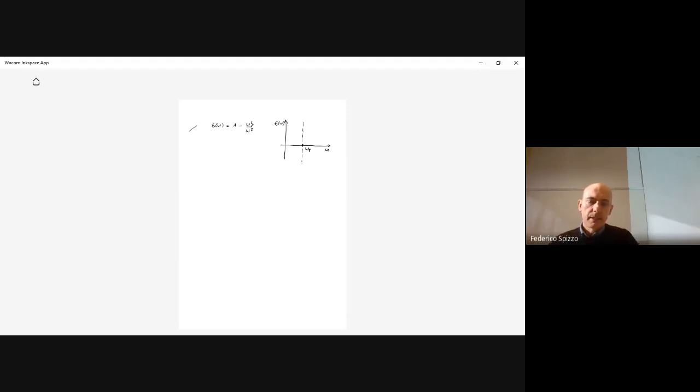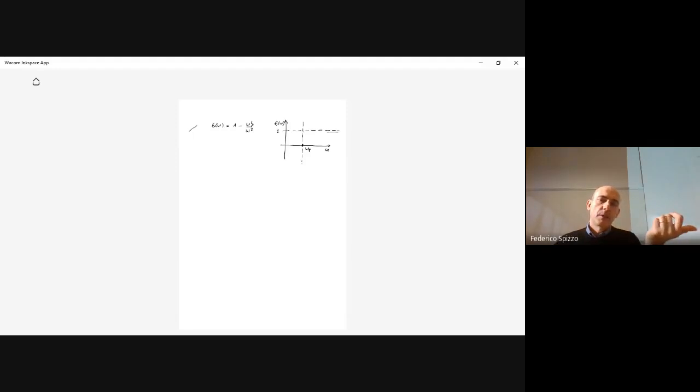Then when you send omega, the frequency of the external perturbation, to infinity, epsilon is equal to 1. So the value of the permittivity is nearly 1 when the frequency is very large.